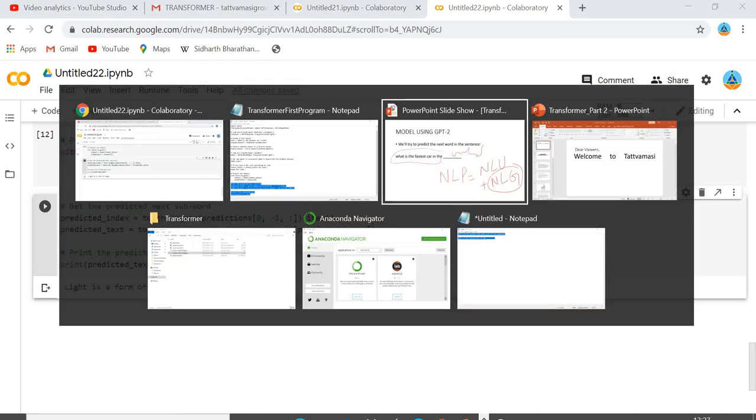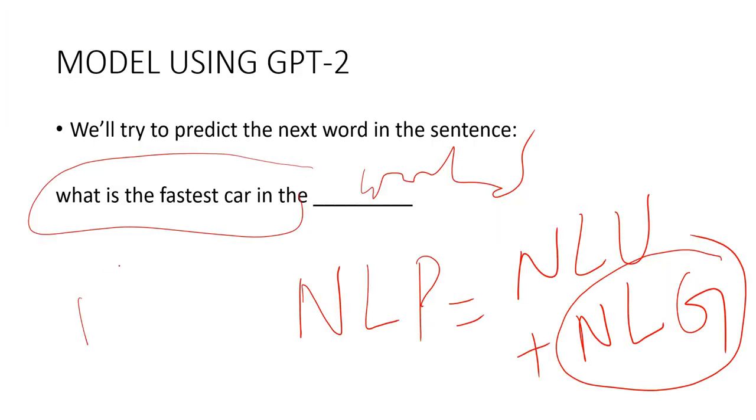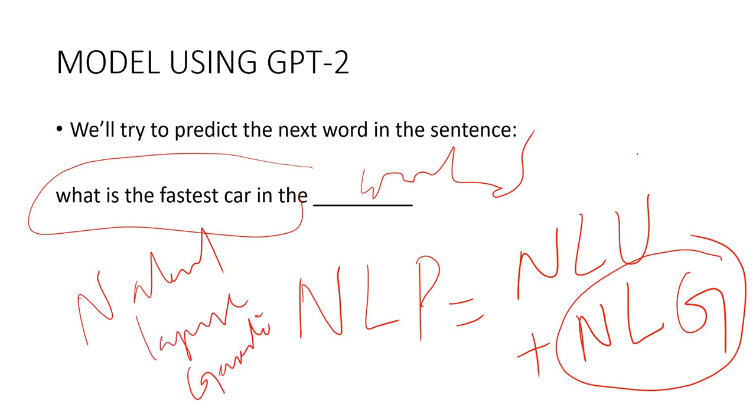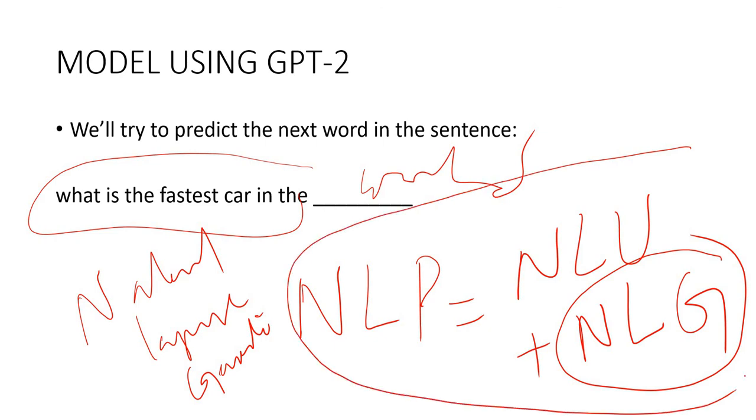NLG means natural language generation. NLP plus NLU plus NLG. There are separate videos for natural language generation in the playlist, you can watch them. Fine. So that's all about PyTorch transformers and its implementation.